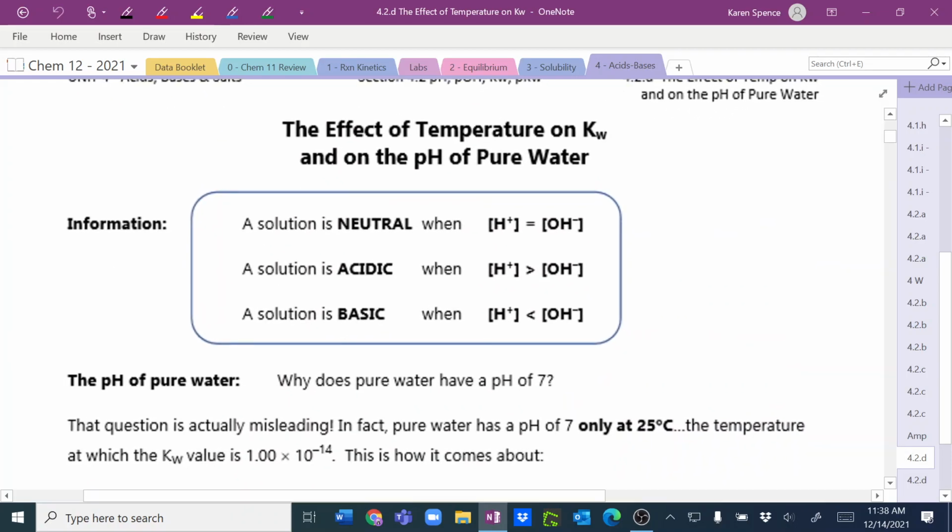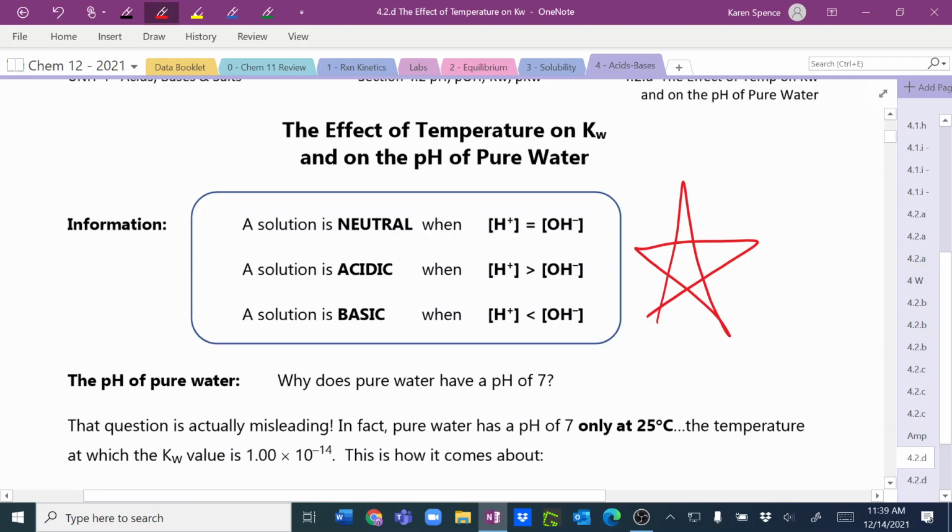The effect of KW on the pH of pure water. 3 pieces of information. This is important. Put a star beside it. Maybe another star. A solution is neutral if hydrogen is equal to hydroxide.